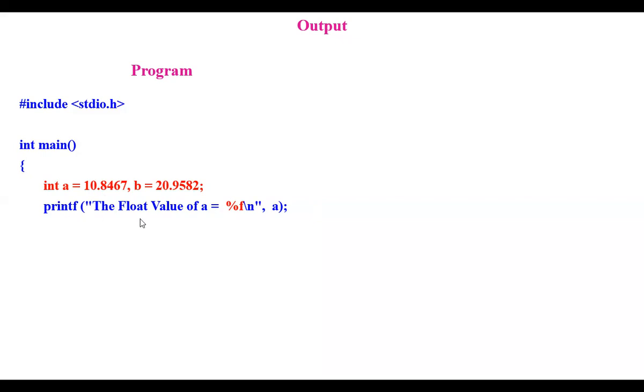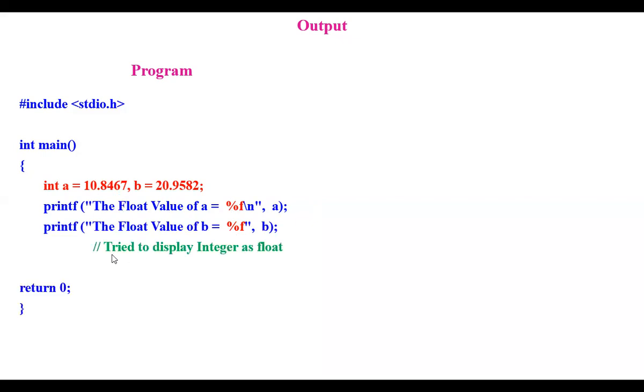Here I'm going to show the value of a with %f, because it is a float, and b also with %f. I'm displaying an integer as a float. Let us see what happens.